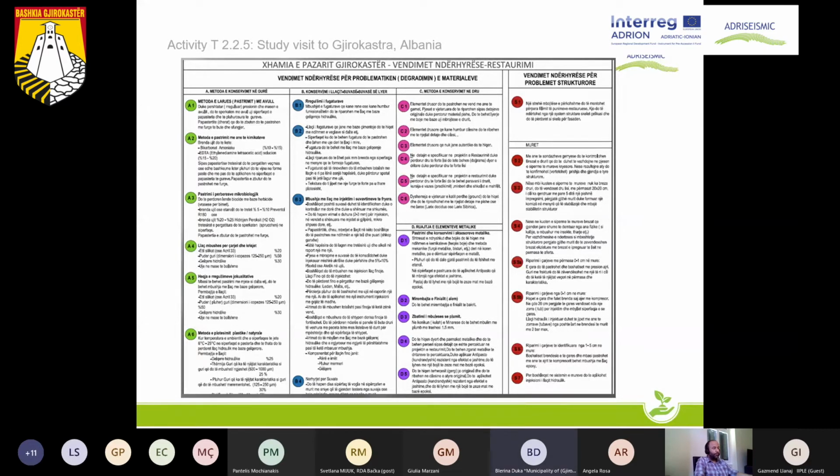So, as I said, the metal elements preservation. D1 is the cleaning and the conservation of the metal accessories.